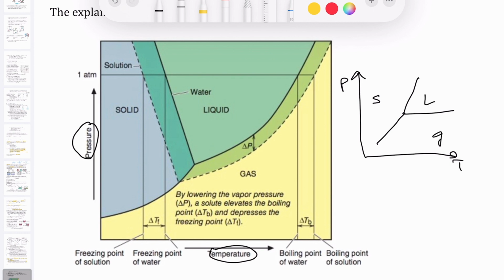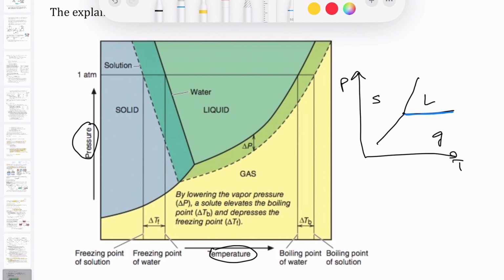And so what we want to see here is how the change in vapor pressure affects the boiling and the freezing points. Well, the vapor pressure, remember, is the line between the liquid and the gas state, which is this line right here.